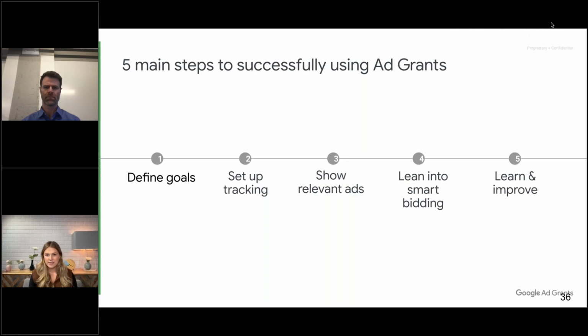And then lastly here is learn and improve. So this is an iterative process on how you can improve and really use the results that you're seeing today to get the most out of the campaigns. Something that's really amazing about the platform is there's a recommendations tab that surfaces a ton of opportunities unique to your business.